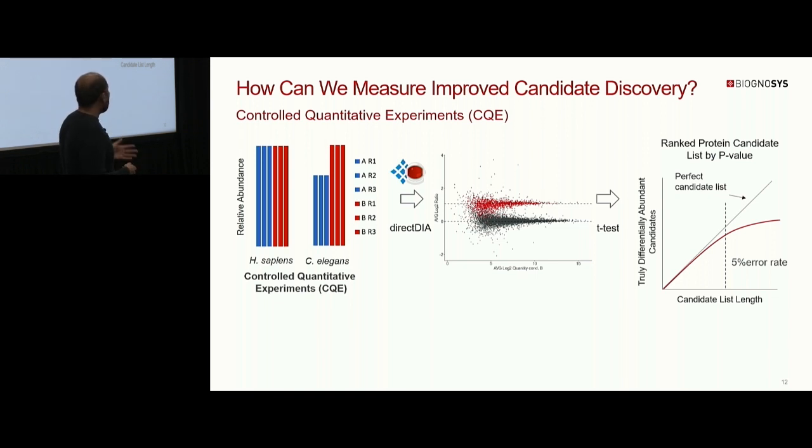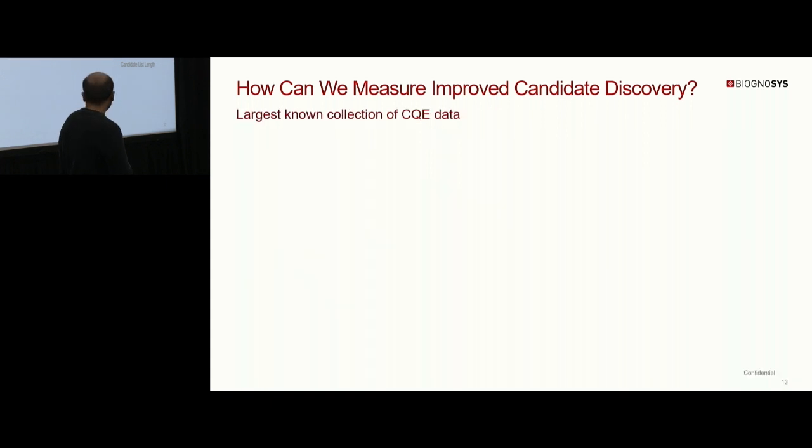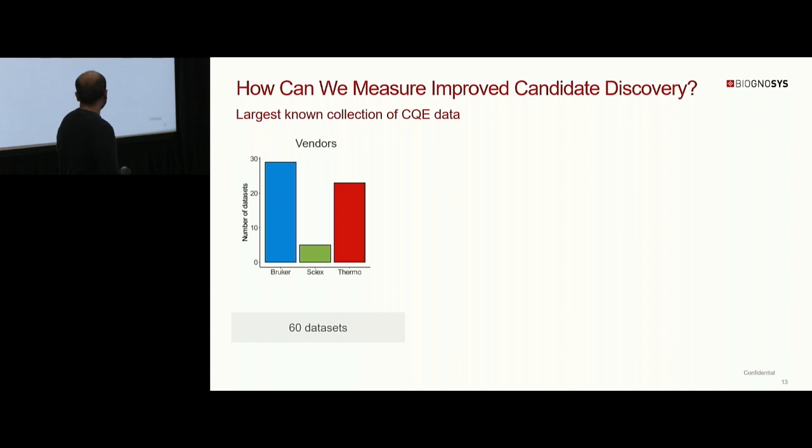So we can use this schema to demonstrate, for example, that Spectronaut 19 performs better than Spectronaut 18 for finding candidates. But we realized that it's not enough to do this on a couple of different experiments. So we wanted to have a large suite of these kinds of experiments, and that's what we did. We created the largest known collection of CQ data sets, and it covers all the different popular DIA platforms.